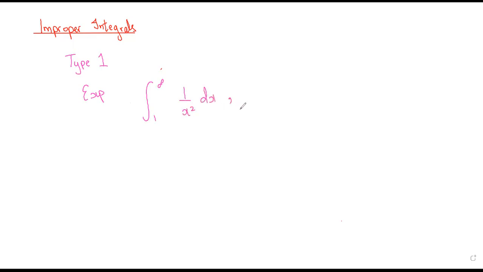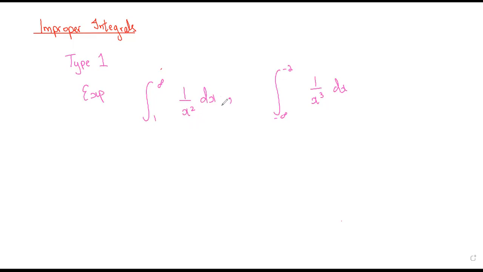Or let's say you've been asked to integrate from minus infinity to minus 2 the function 1 over x cubed with respect to x. Now what exactly is the thing, and why are they improper integrals? I'll tell you.